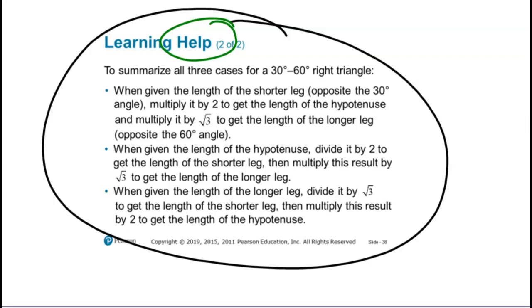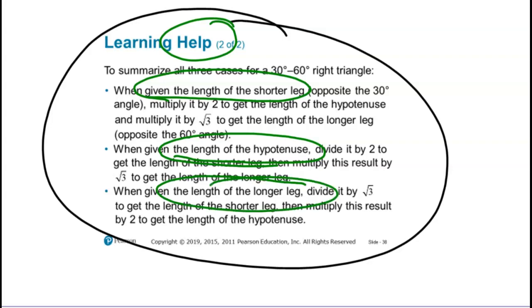Some of these you will be given the length of the shorter leg, and remember that's going to be opposite of the 30-degree angle. Some of these you'll be given the length of the hypotenuse, which we remember is opposite of the 90-degree angle. And some of these will be given the length of the longer leg, which is the side opposite the 60-degree angle.